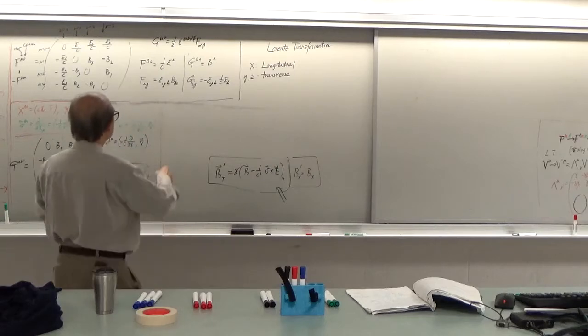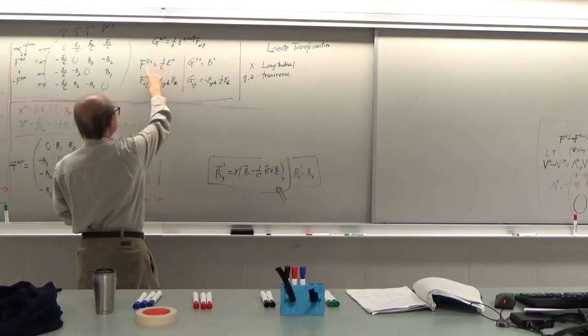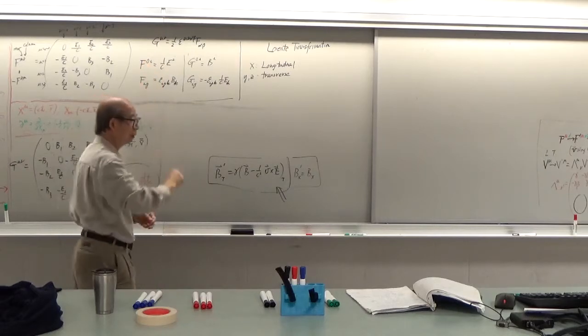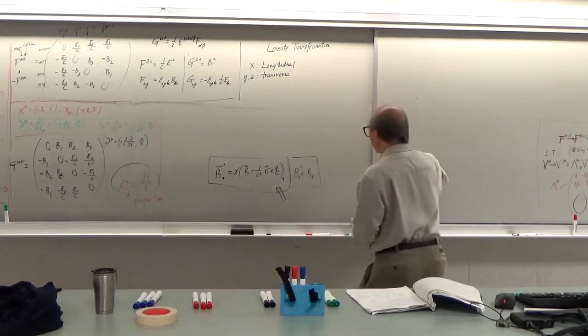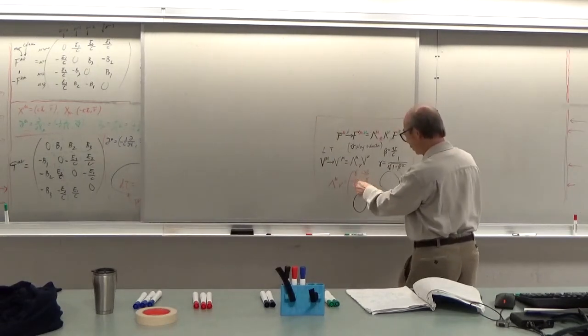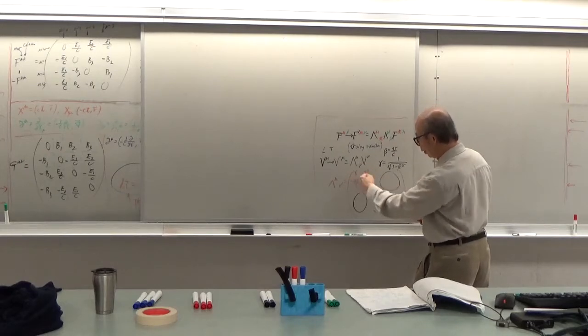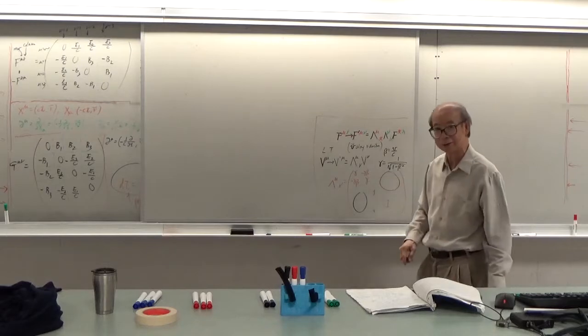In particular, if you take a look at i being the x direction, then it will be F01. But the 0 and 1 directions transform non-trivially under Lorentz transformation, unlike the transverse directions.